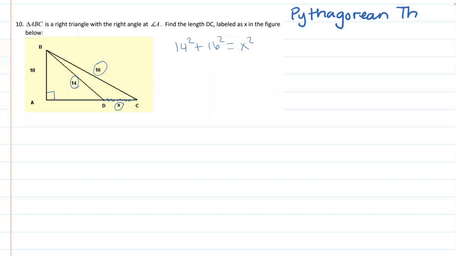Now, the Pythagorean theorem is only applicable in right triangles. If we look at this triangle here, it is not a right triangle, so that does not work. We have to look at right triangles in order to apply the Pythagorean theorem.